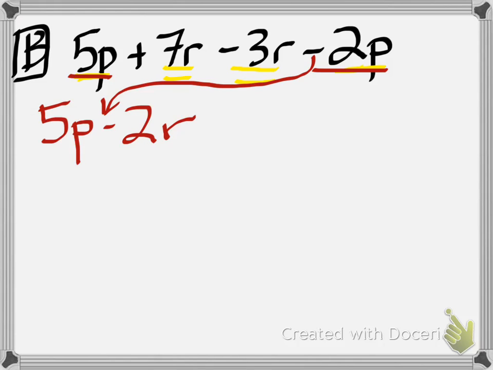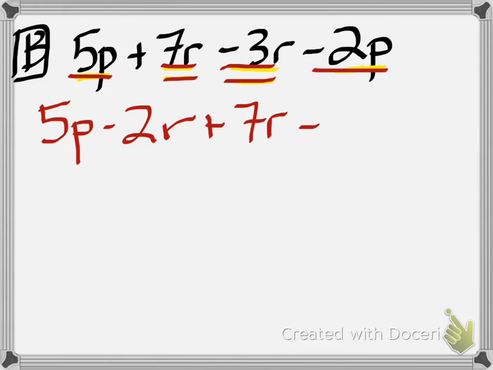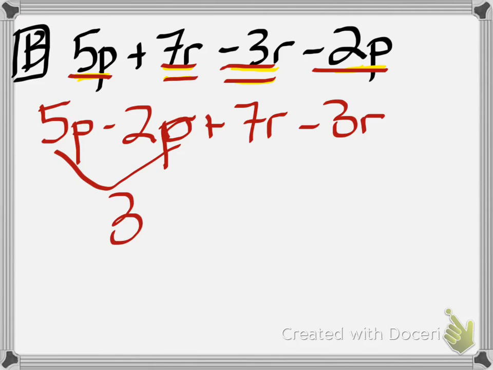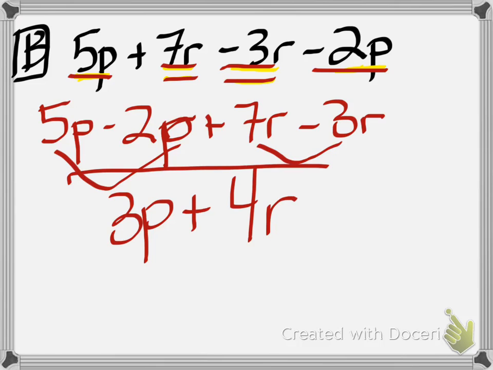It follows with it. Plus 7r and minus 3r. So 5p minus 2p, that's 3p, plus 7r minus 3r is 4r. So 3p plus 4r.